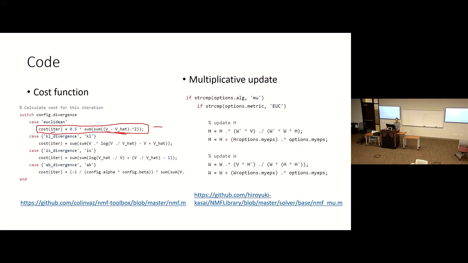Similarly, if you want to use KL divergence or another divergence as a distance, you can replace this function. Okay, so this is the place where the cost function is defined. This side is the iteration that updates matrices H and W in order to approximate this V.